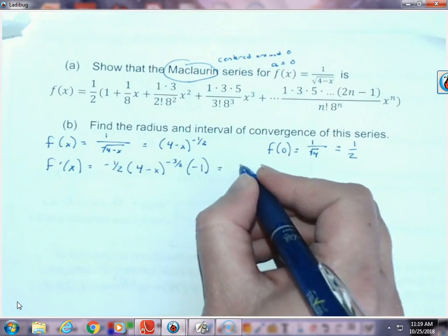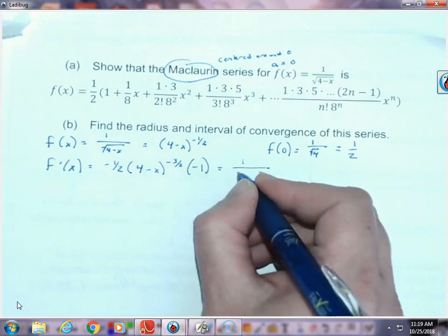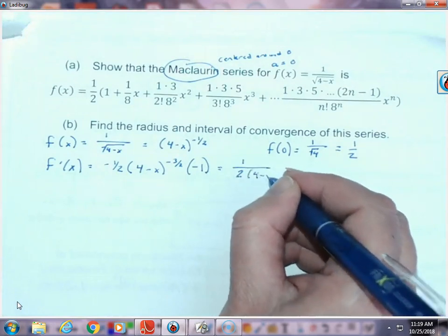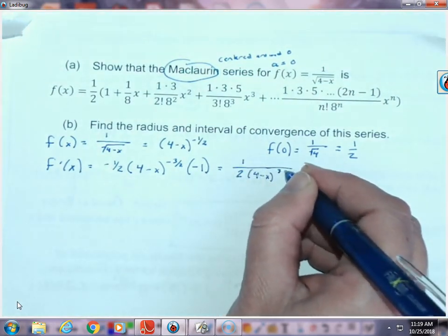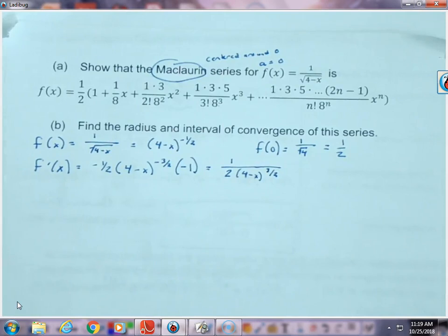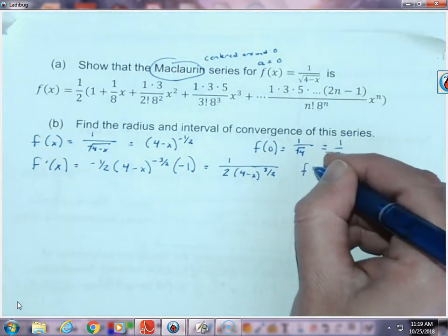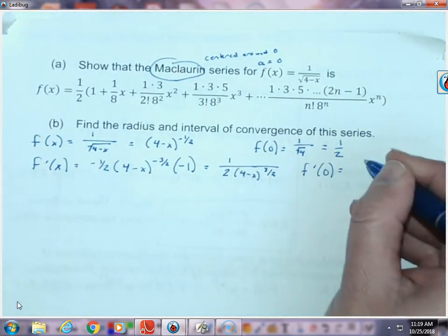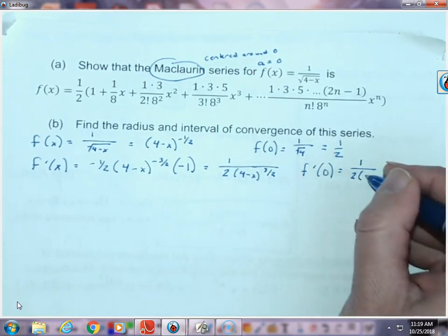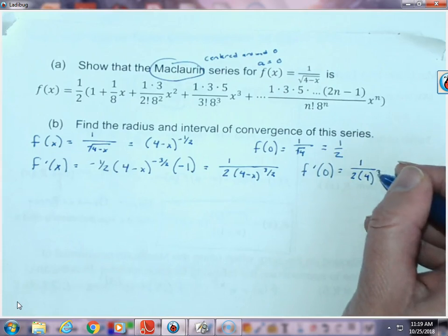Okay, so if I rewrote it, it'd be like positive 1/2, and I'm going to move this to the denominator. That's supposed to say 3/2. I don't know if that 3 is clear enough. All right. So if I put in 0, I'd have 1 over 2 times 4 minus 0, so 4 to the 3/2.